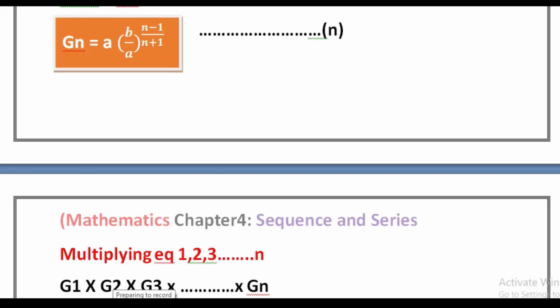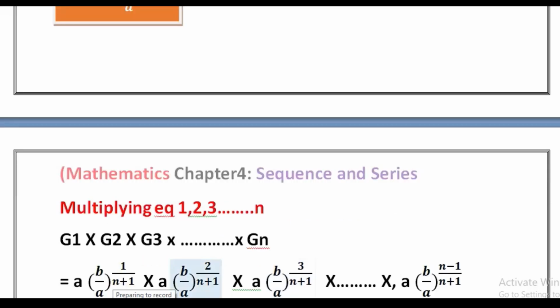Multiplying equations 1, 2, 3 up to the nth. So G1 multiply G2 multiply G3 up to Gn.